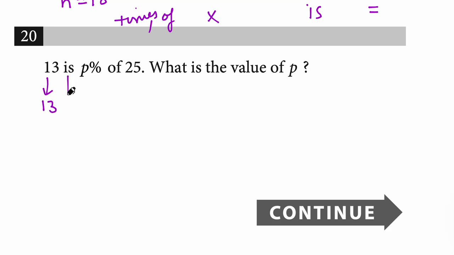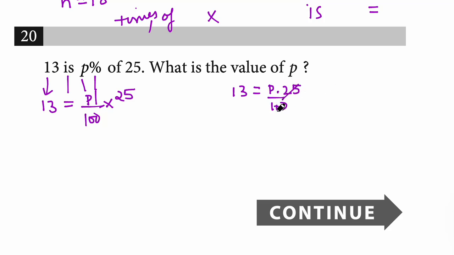13 is p% of 25, right? So learning this vocabulary is really very useful. Let's write it here. 13 is p% of 25.